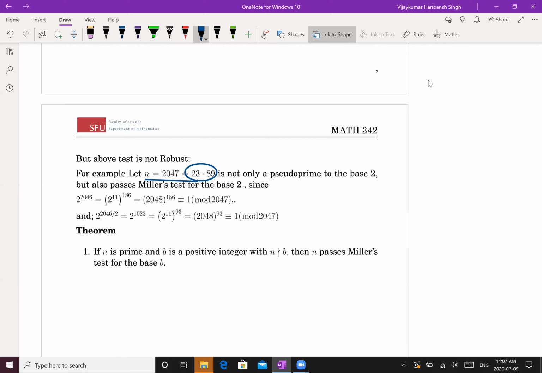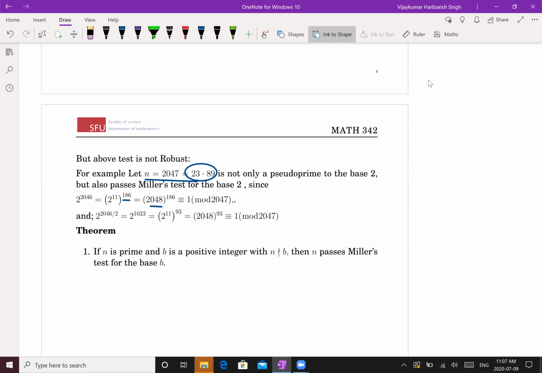The reason is 2 to the power 11 is 2048, which is 1 mod 2047. So 2 to the power 2046 is congruent to 2 to the power 11, the whole power 186, but 2 to the power 11 is 1, so 1 to the power 186 is going to be 1. So it is a pseudo-prime. So n is a pseudo-prime.